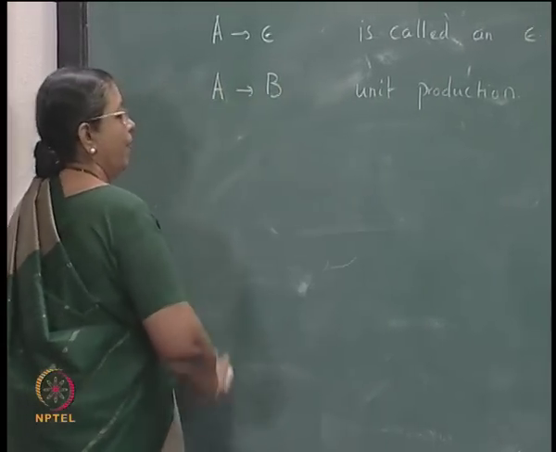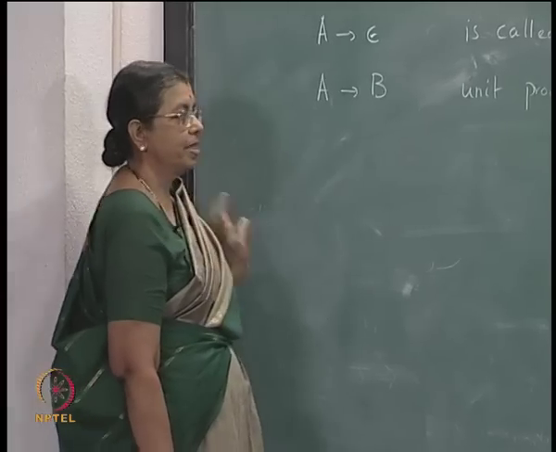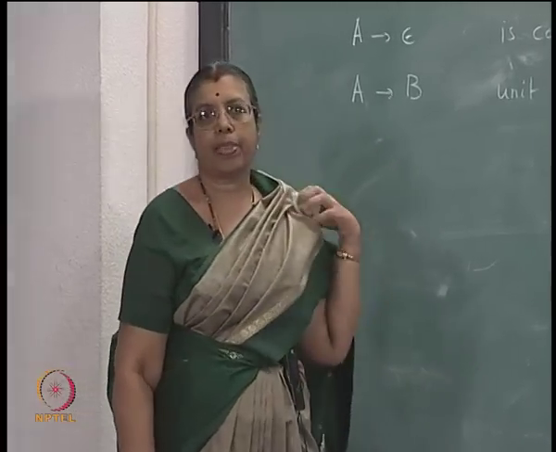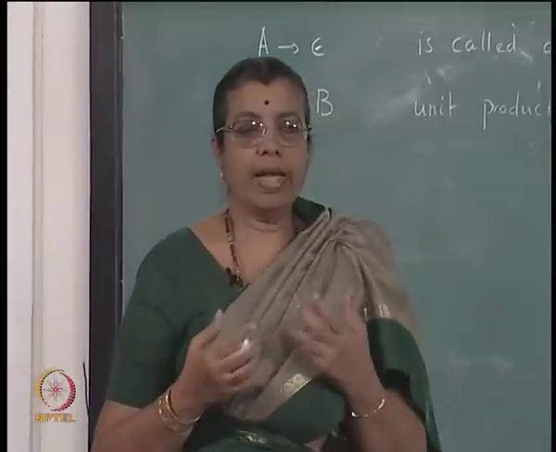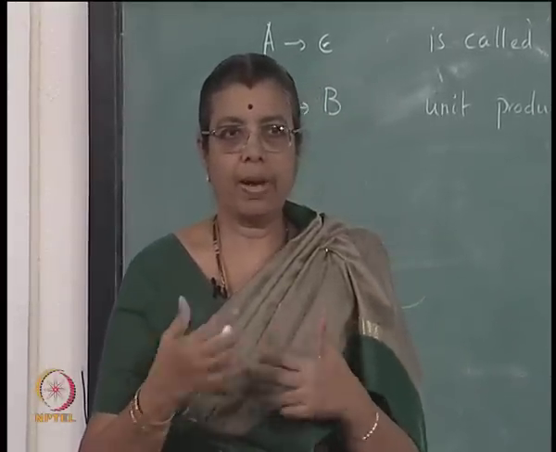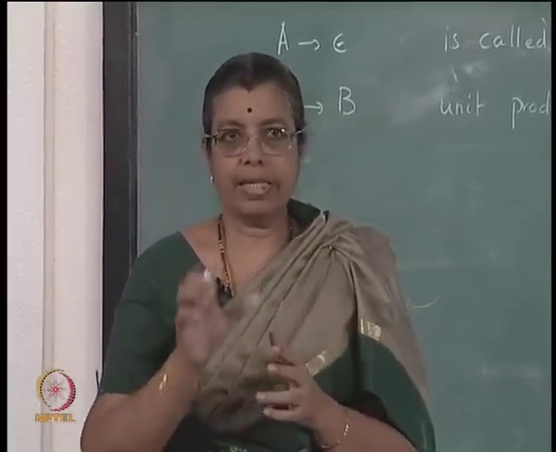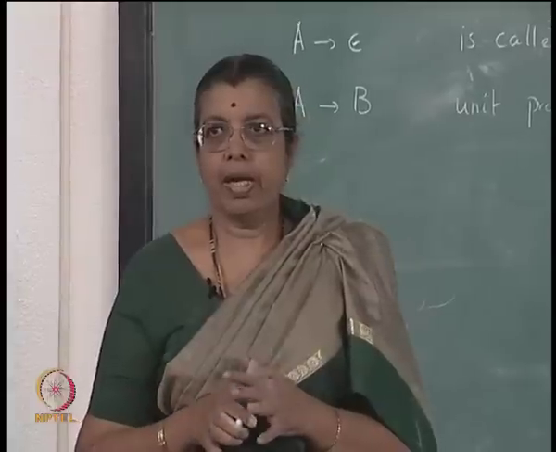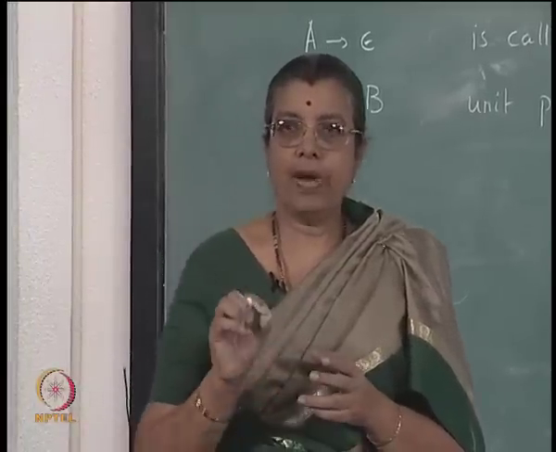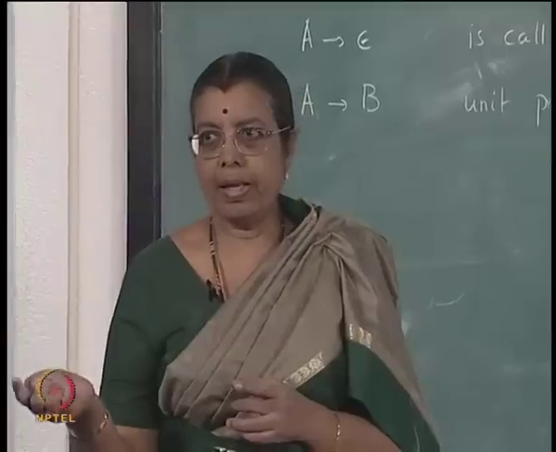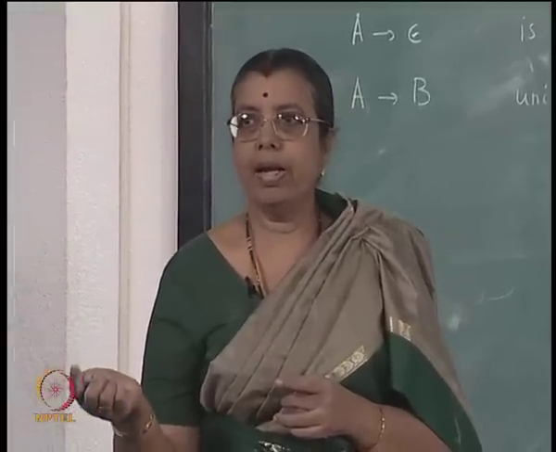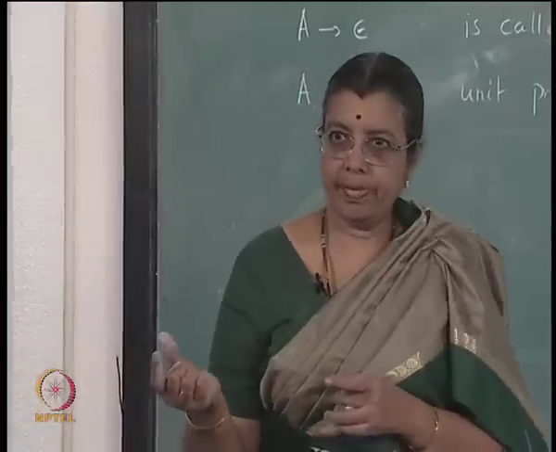The reason for avoiding unit productions is like this. In the compiler, every time the parsing takes place, the reduction, either bottom up or top down, is taking place. When you reduce using a rule, a semantic routine will be called and code will be generated.